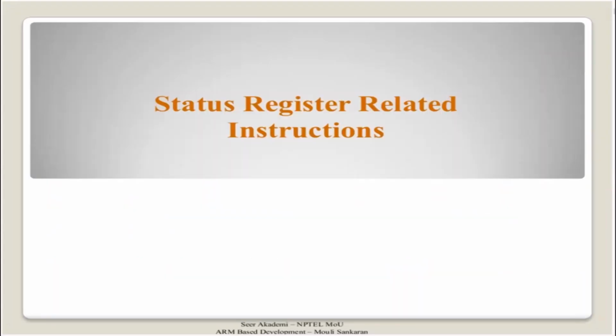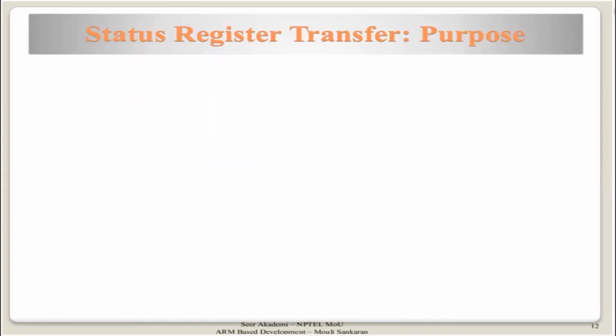Let us go into another concept, which is something to do with the status register related operations. By now all of you are aware that what I mean by status register is nothing but our CPSR. So why is it treated separately?